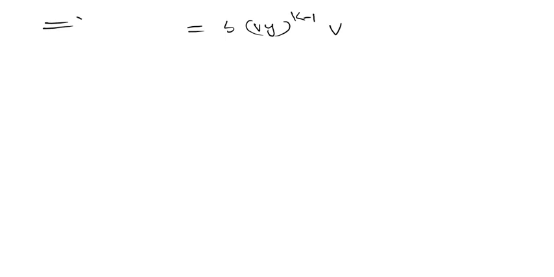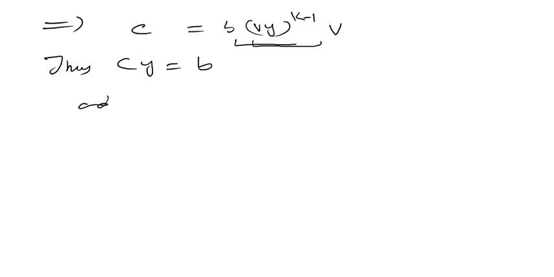So what's this? This is c actually. C is equal to this. So c is an element of s, and it's on the right side. So thus we have cy is equal to b, and b times this element vy power k minus 1 v is equal to c.